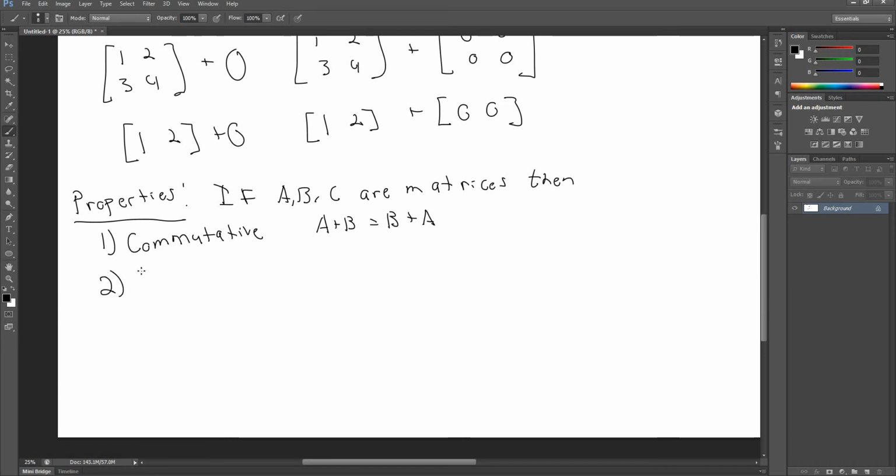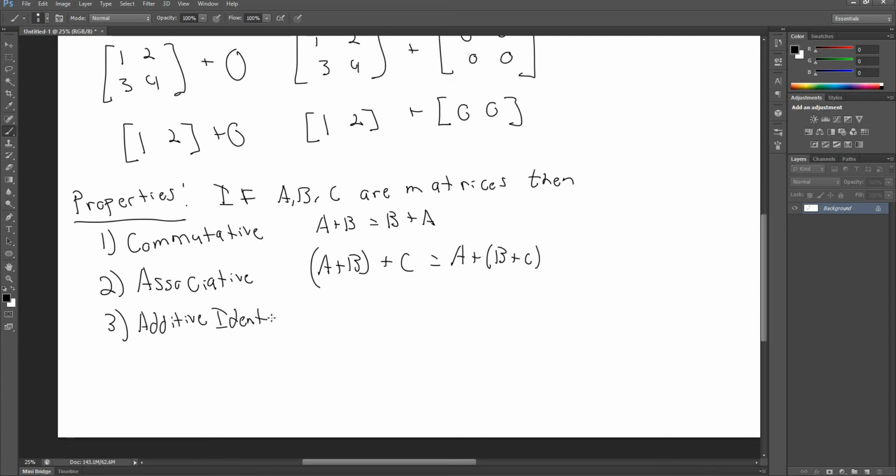Second one is the associative property, which is that A plus B in parentheses plus C is equal to A plus B plus C. We have the additive identity. Now the word identity is important.